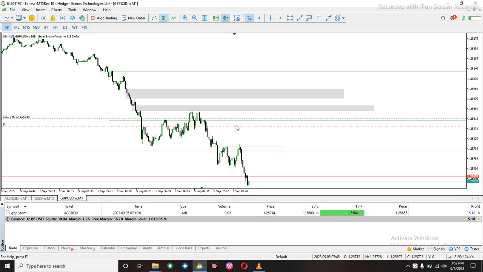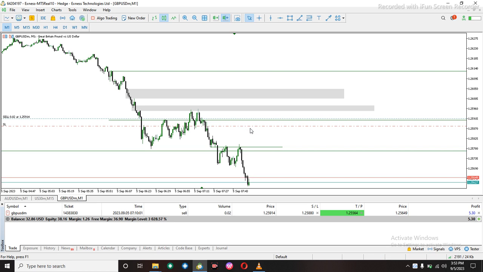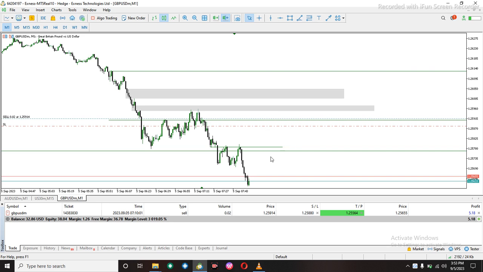And now that I'm in profit, I am now risk free. What is risk free? I have nothing to lose. If this trade decides to reverse and hit my stop loss, I have nothing to lose, because now I've locked the trade and I'm in profit.